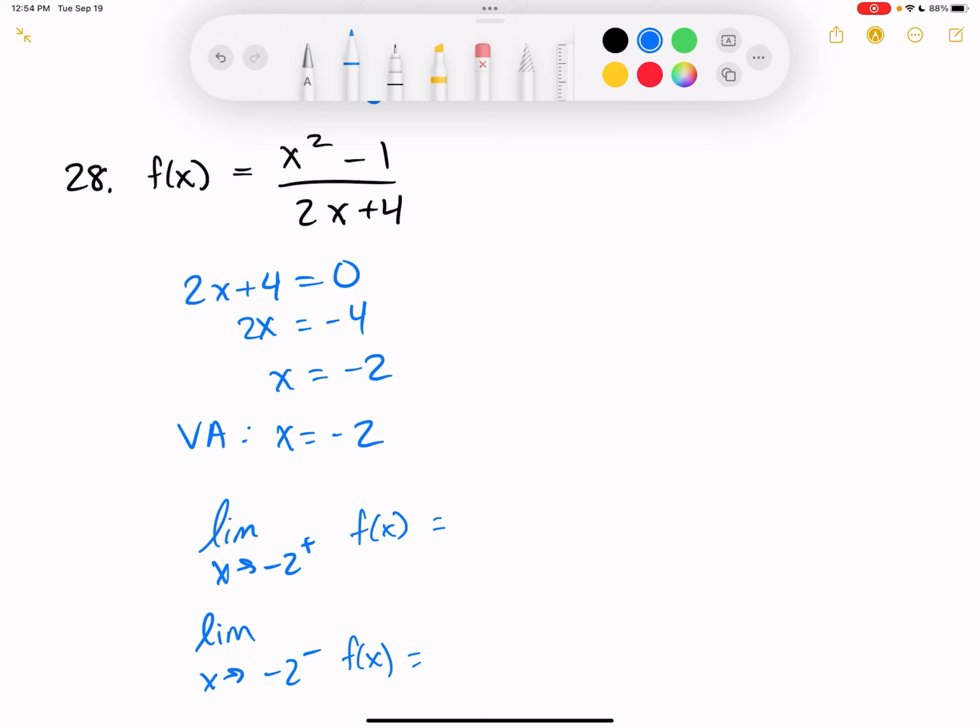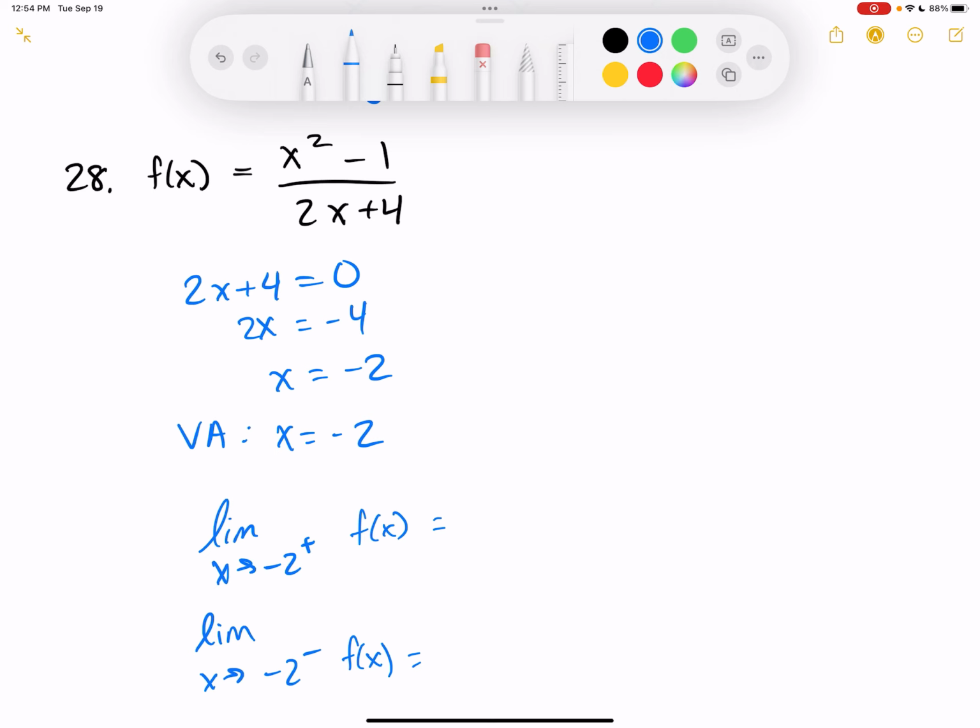So from the right, you'd have something like negative 1.99999. And so on the bottom, what would that give us? If you put in negative 1.99999 for x, is it positive or negative?